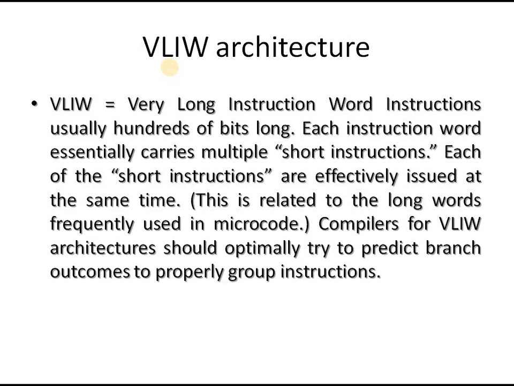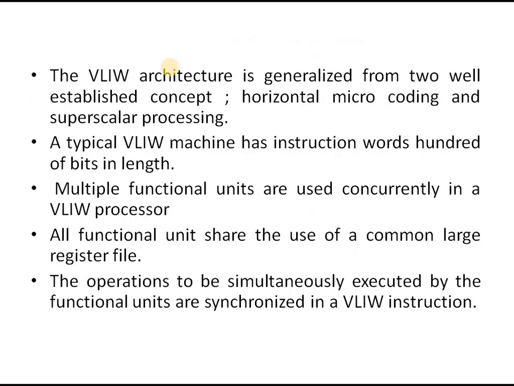The VLIW architecture is generalized from two well-established concepts: horizontal microcoding and superscalar processing. A typical VLIW machine, very long instruction word machine, has instruction code words hundreds of bits in length, as illustrated in the figure.